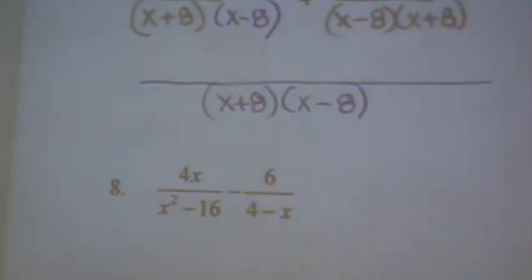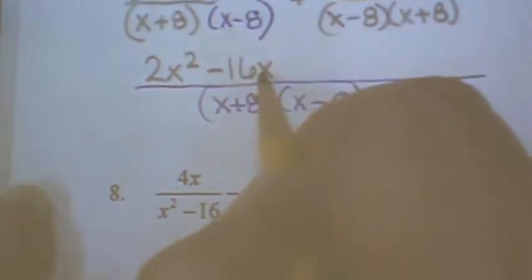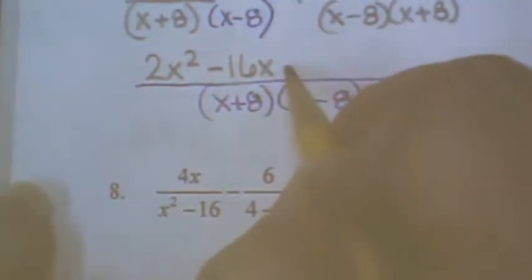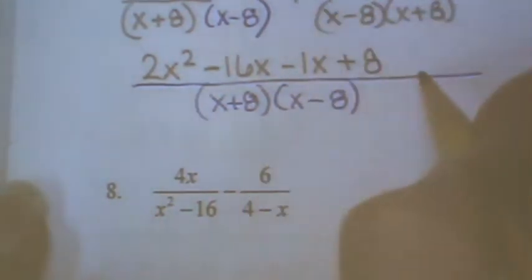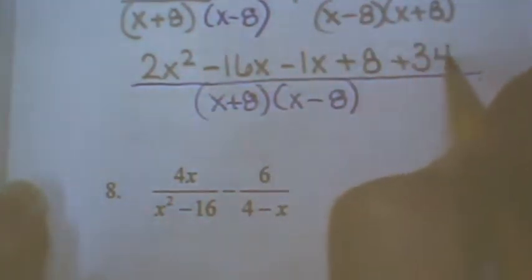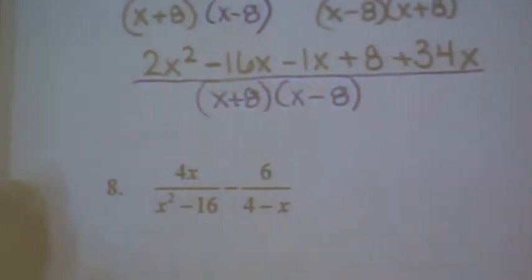Can you guys multiply this with me here? 2x times x is 2x squared. And then you have minus 16x minus 1x plus 8, and bring over 34x. You okay with that? Okay, next, what are you going to do?